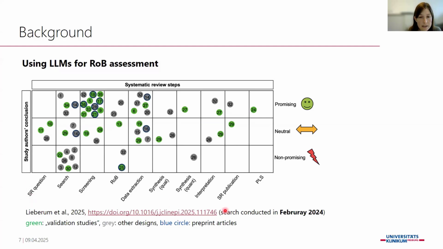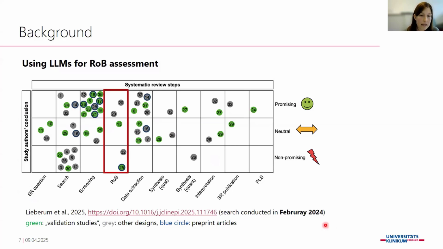You can see here the different systematic review steps. These bubbles are studies we identified, and we categorized them according to the study author's conclusions into promising, neutral, or non-promising.